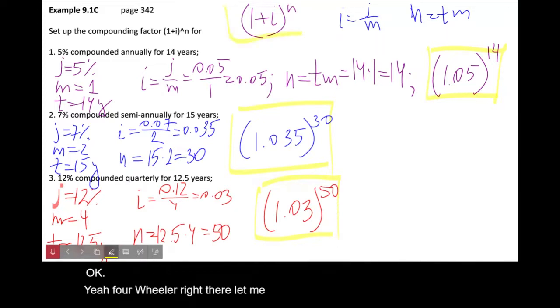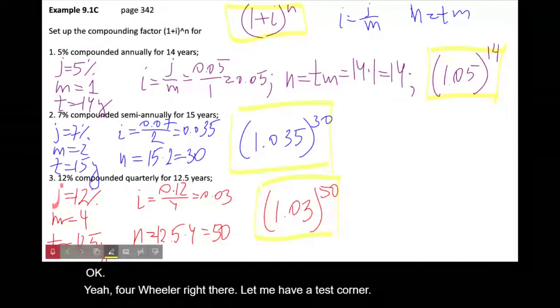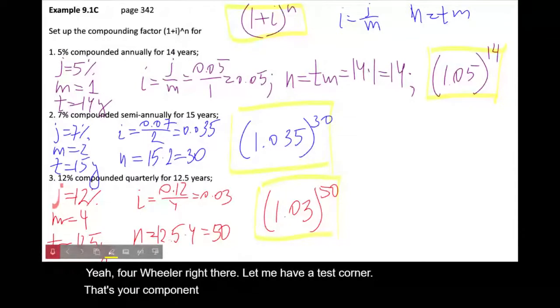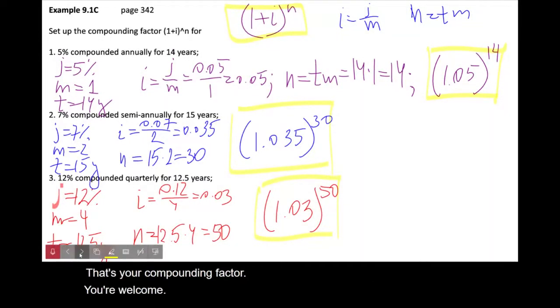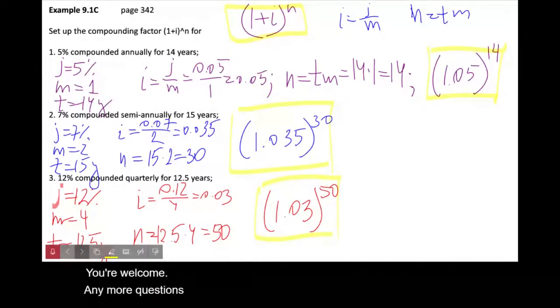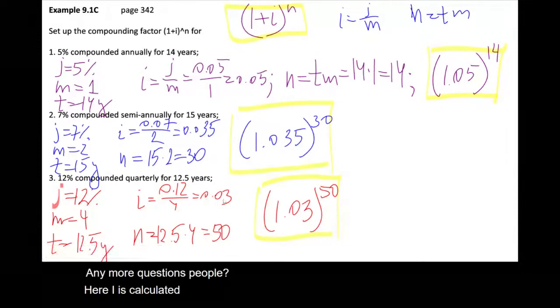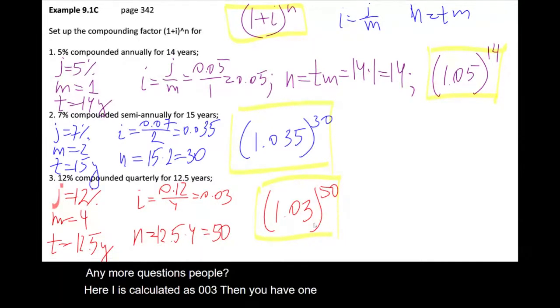Let me highlight it. This formula is the compounding factor. See here, i is calculated as 0.03. Then you have 1 plus i, so the answer is there.